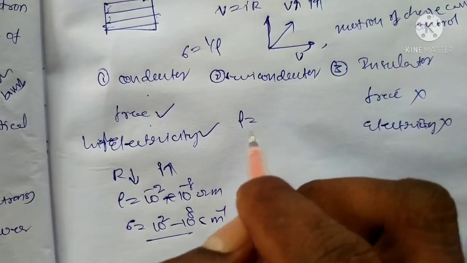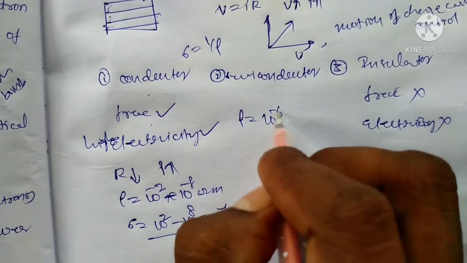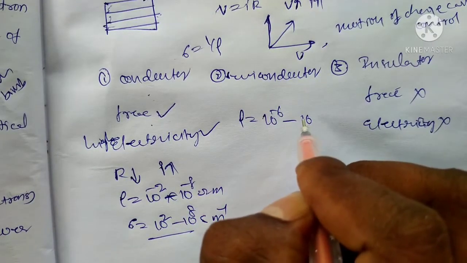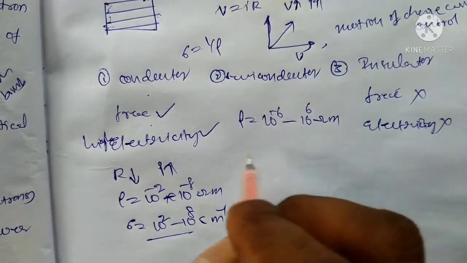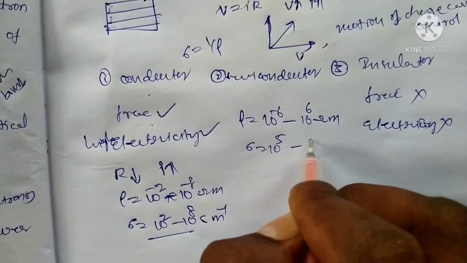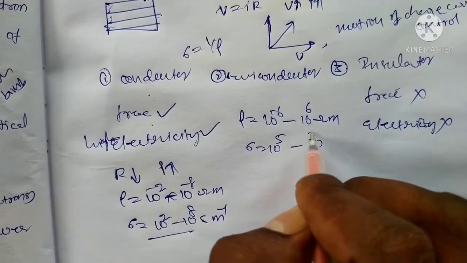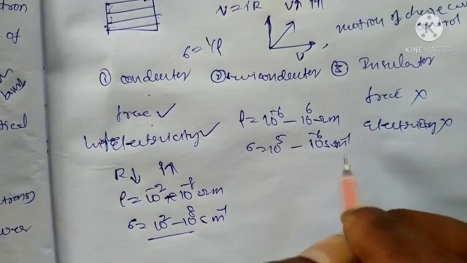Suppose resistivity is 10 to the power of minus 6 to 10 to the power of 6 ohm meter, and conductivity is 10 to the power of 5 to 10 to the power of minus 6 Siemens per meter.